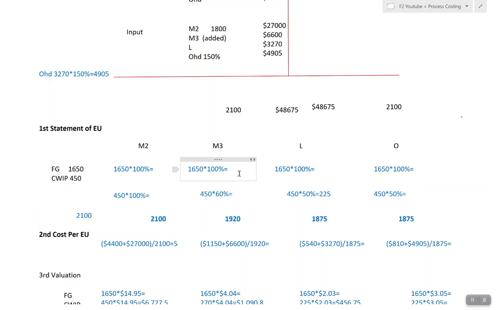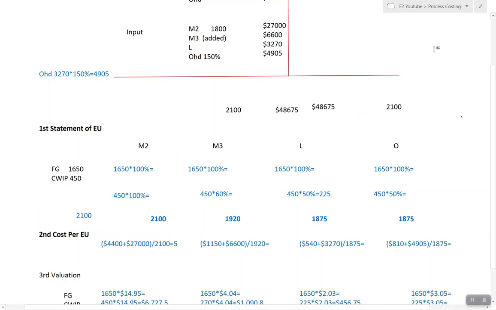We start working on new units as well. We start working on old units that were not completed, the closing work in progress from last year, which is opening work in progress this period. We work on all of them together at the same time. Fifo method assumes something else. I will talk about that when I answer it using Fifo method. So in Avco method, we say we work on all units at the same time.